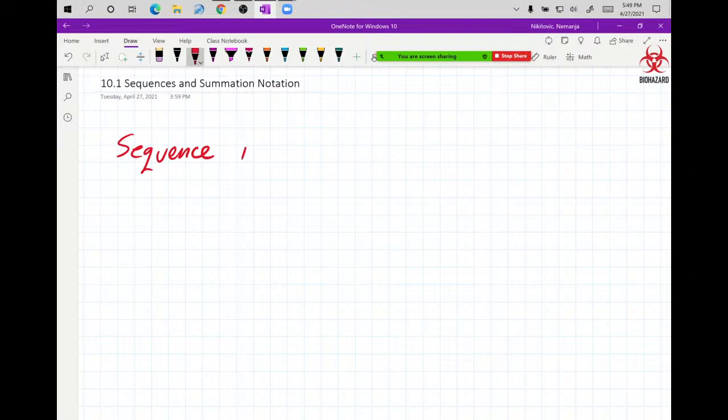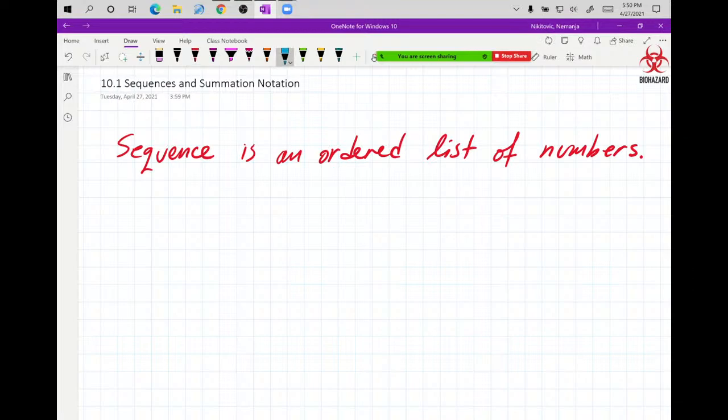Sequence is an ordered list of numbers. That's all we need to know. Sequence is an ordered list of numbers, and I'm going to underline this word ordered.